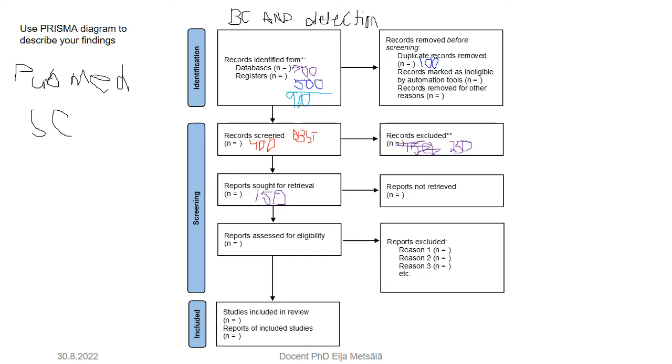They simply don't speak about our topic, or the study design is wrong, or there might be, for example, just search protocols, not at all studies, or some might be review papers which we might not want to take if we have so defined in our inclusion or exclusion criteria.